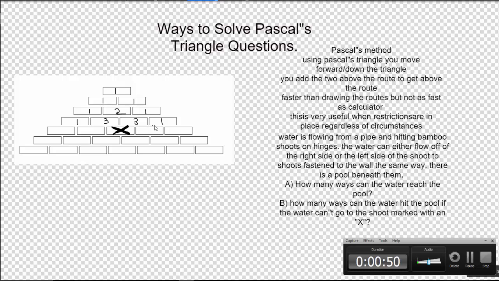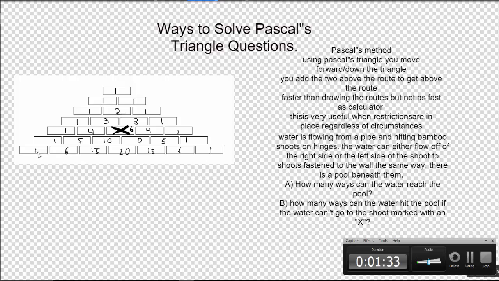So you're kind of getting the gist of it. And one, four, and here there's a six. I'm just speeding up because you probably get it by now. And so one, five, ten, ten, five, and then 1, 6, 15, 20, 15, 6, and 1.